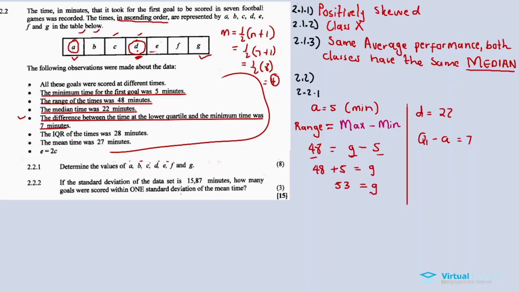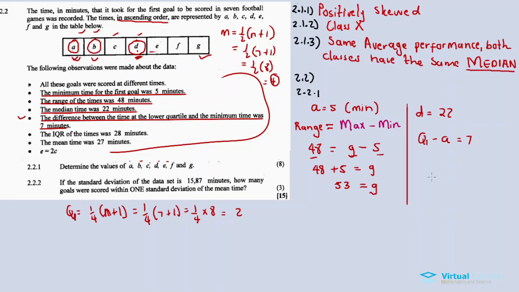Q1 is calculated as 1 over 4 times (n plus 1), which is 1 over 4 times (7 plus 1). 7 plus 1 is 8, and 8 over 4 is equal to 2. So 1, 2. It means B is our Q1, the lower quartile.